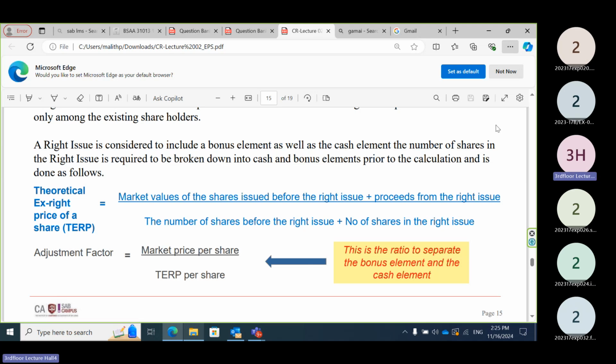Why? We are giving a benefit to existing shareholders. We are calculating this term. The term is 28.33.